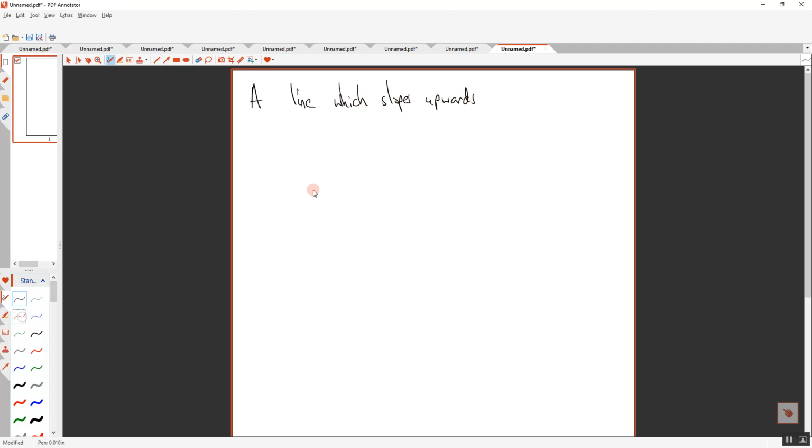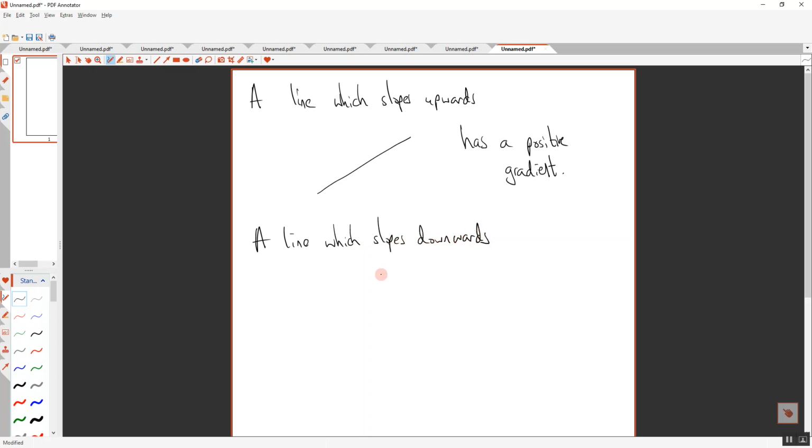A line that slopes upwards has a positive gradient, and a line which slopes downwards has a negative gradient.